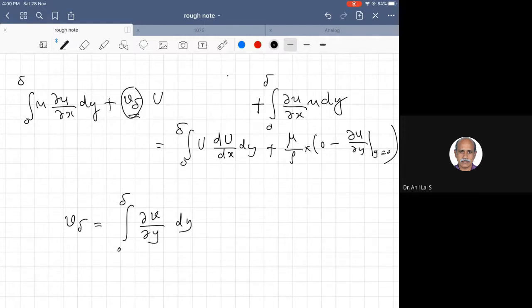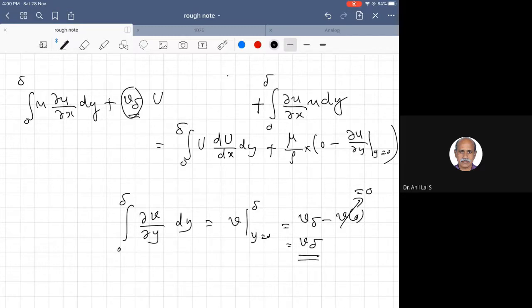If I do this, I will get the value at y equal to 0, that is v delta minus v at 0. And v at 0 is equal to 0 because of no slip, so this is equal to v delta.